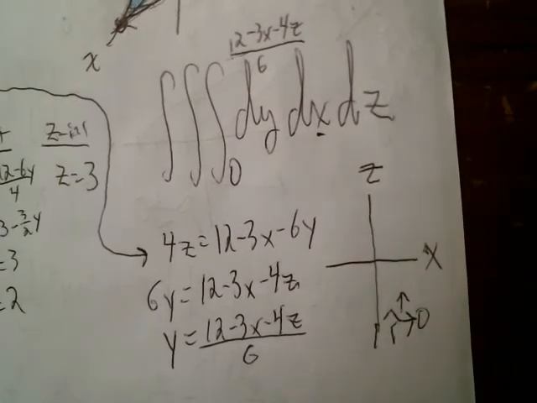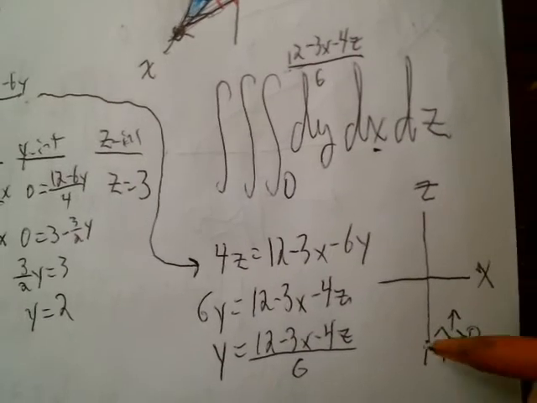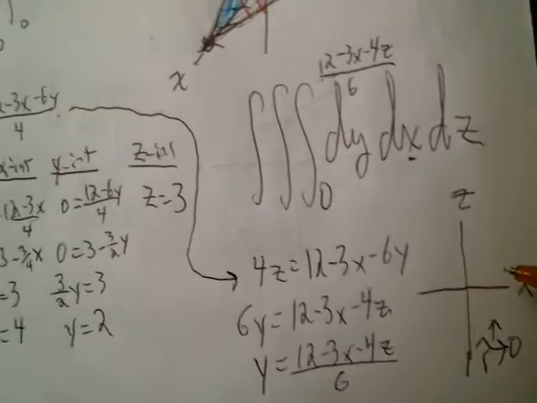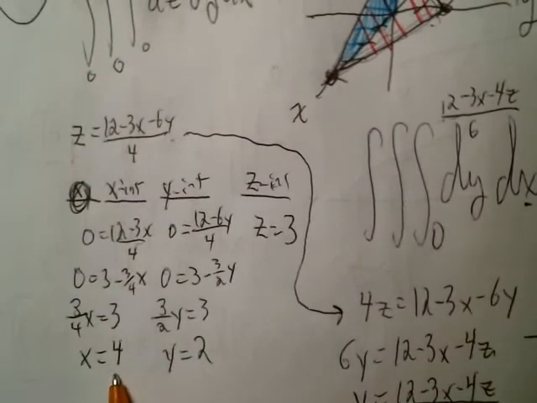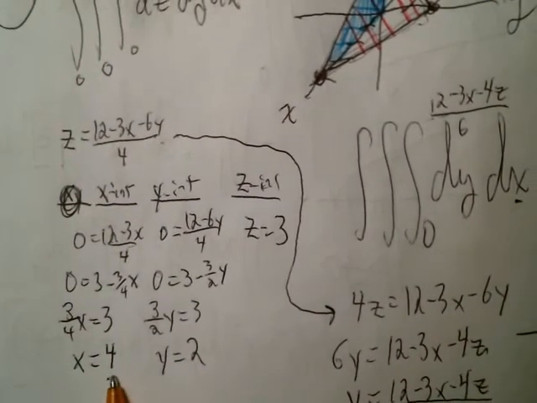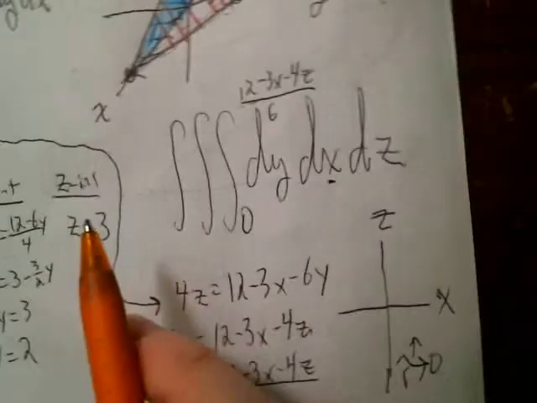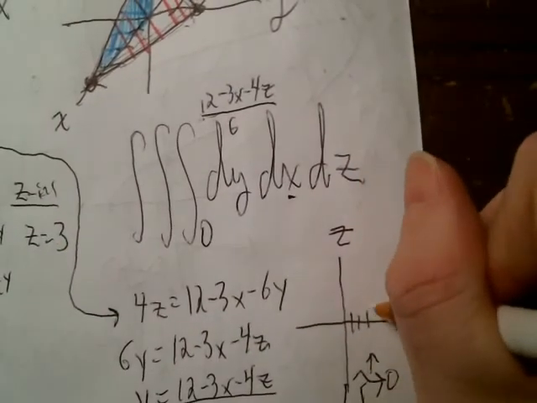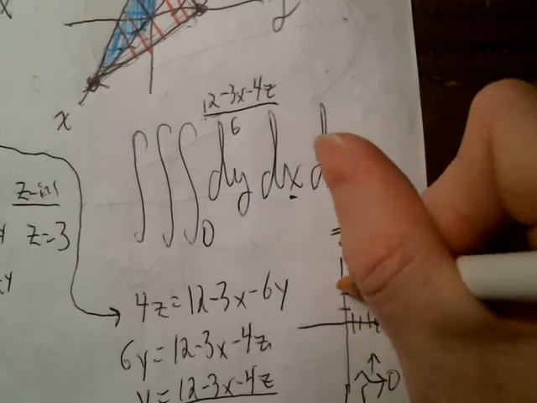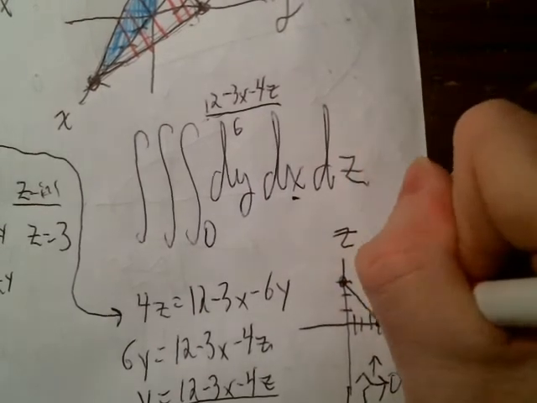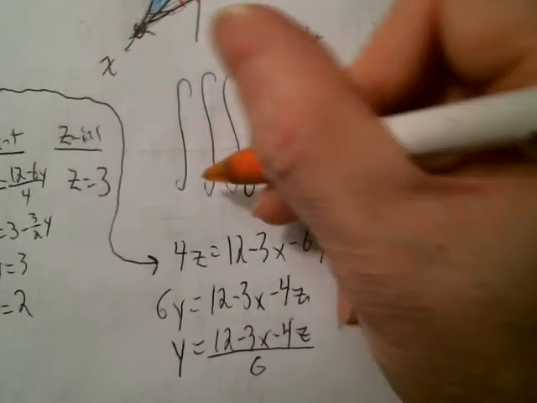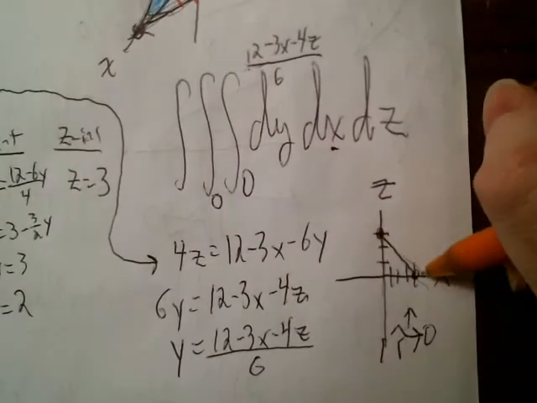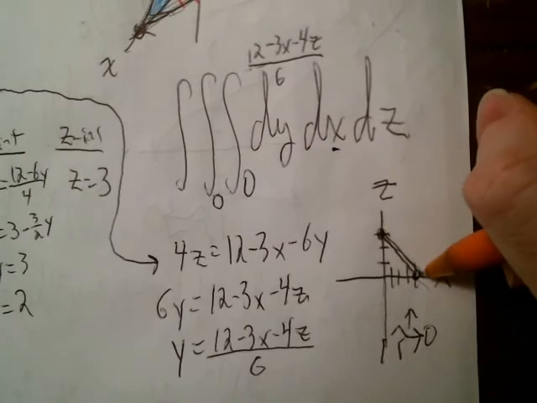Okay. And to get the curves in the xz plane, you can use these intercepts, right? So one point will be 4, 0, the other point will be 0, 3. So 1, 2, 3, 4, 0, and then 1, 2, 3. Okay. And this orientation going curve to curve, I'll go from x equals 0 to x equals this line.